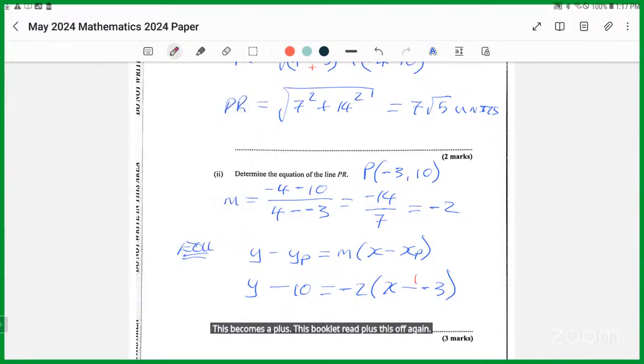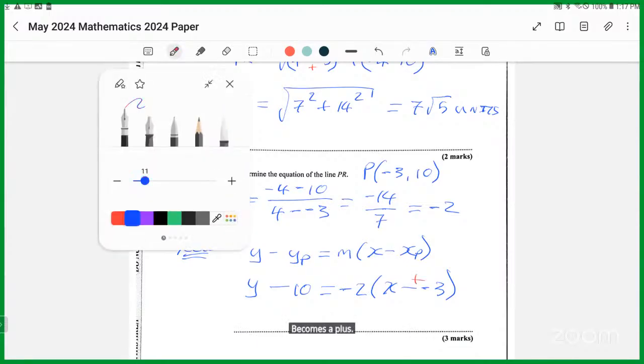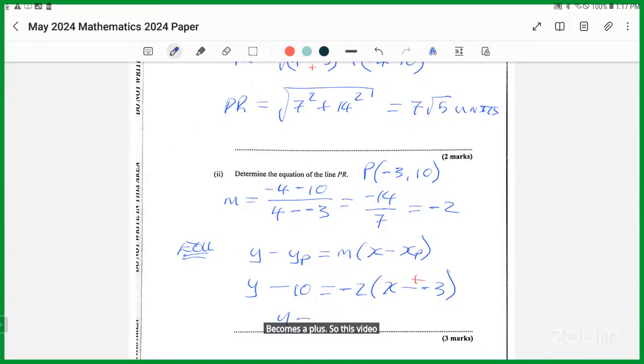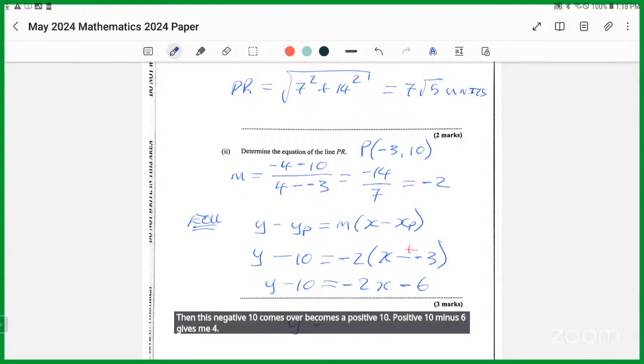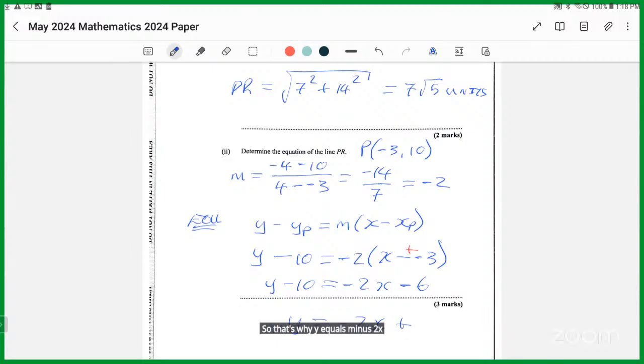So this reduces to y minus 10 equals, this time, -2x. Then this is -2 times a +3. That gives you -6. Then this -10 comes over and becomes a +10. +10 minus 6 gives me 4. So it's y equals -2x plus 4.